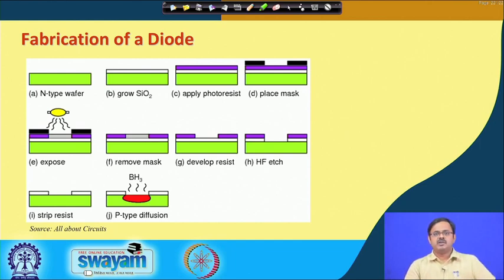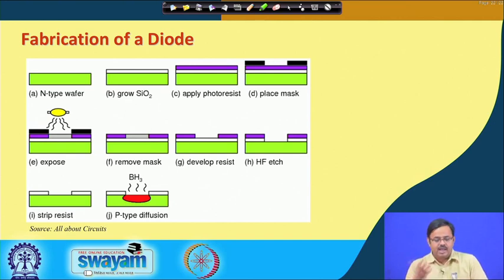Next, we take hydrofluoric acid and use it for etching. If you use it for etching, what happens is the silicon dioxide layer will be etched away. So, that is step H as is shown over here. So, the silicon dioxide is removed.